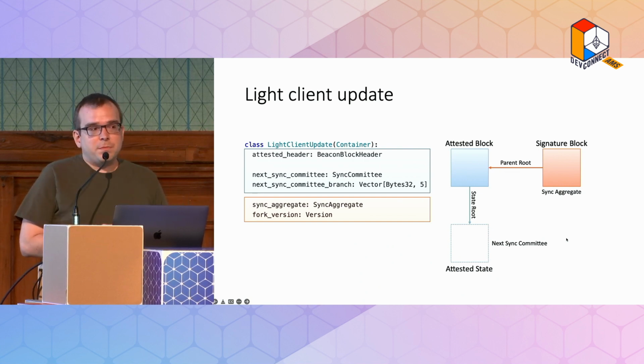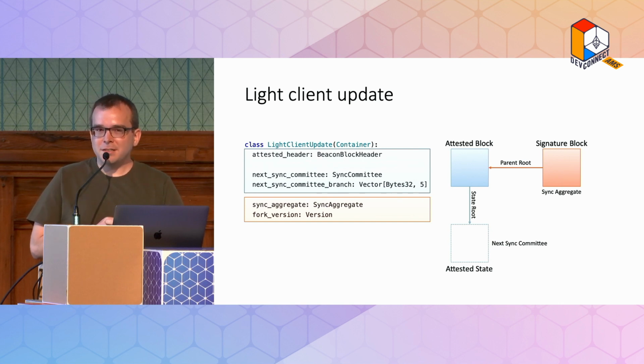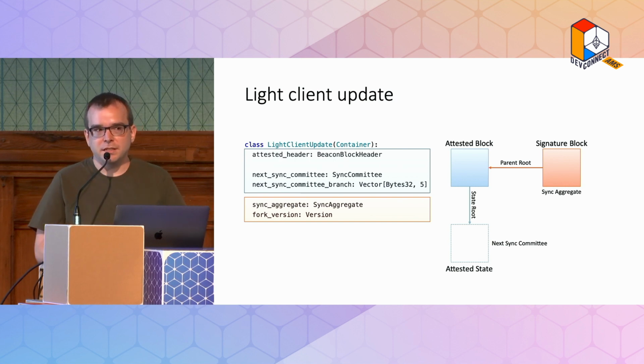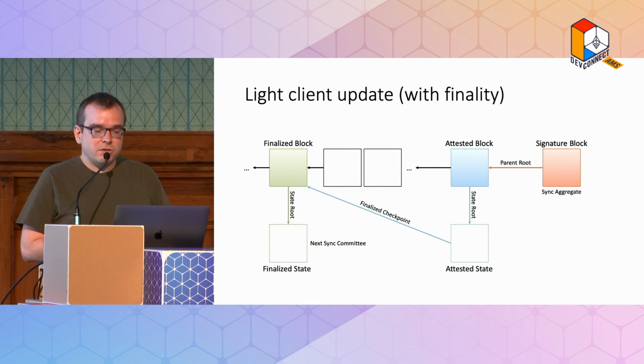There is still the problem at the start of each sync committee period that it's unclear which of the forks will become the finalized one. So there can be multiple next sync committees. You only know that it's the finalized one once you have at least one finalized block in a new period. So there is also this concept of including the next sync committee from a finalized block.